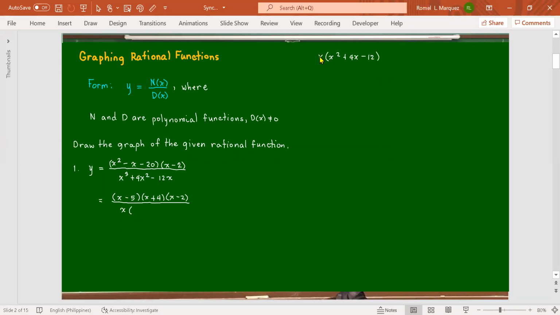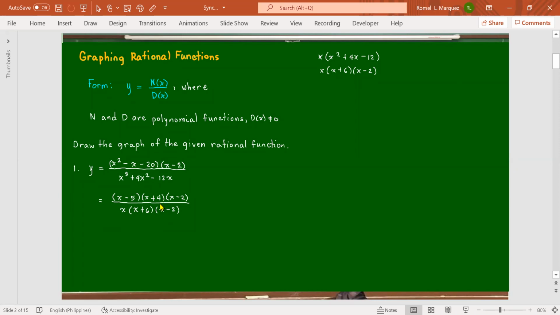This resulting second factor, I can still factor into two binomials. x plus 6, x minus 2. Is that right now, guys? Yes, x plus 6, x minus 2. Any question, children? Okay, so can I proceed now?